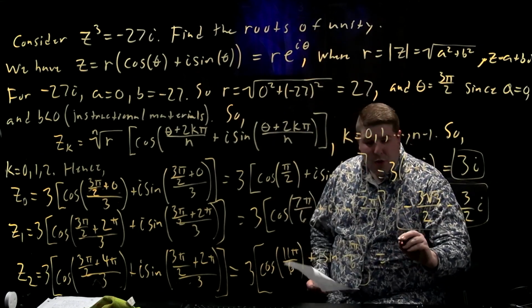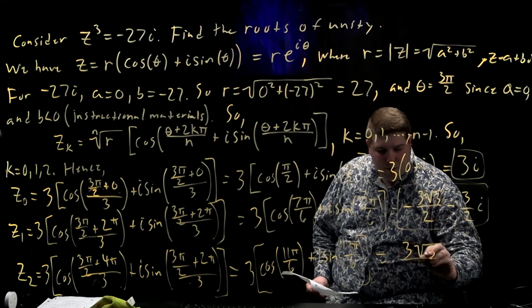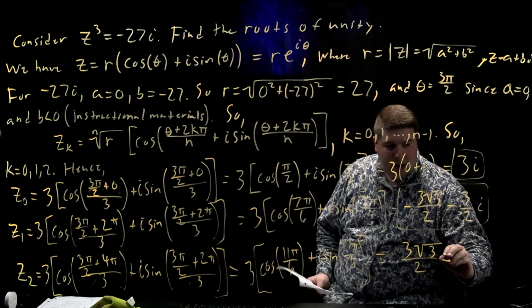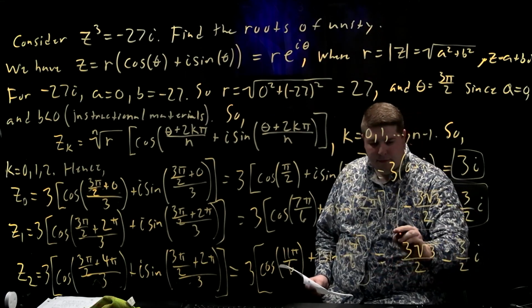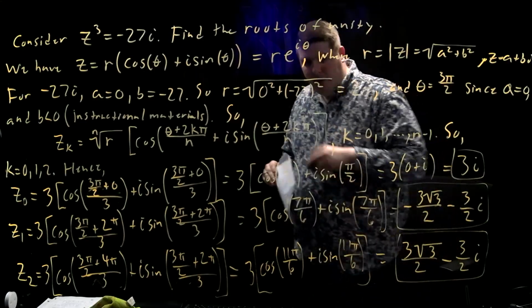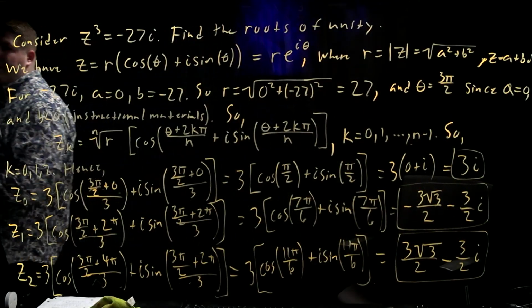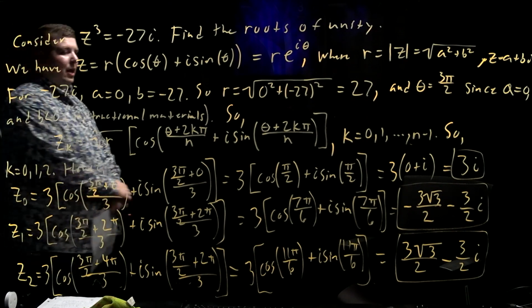Which is equal to the positive 3 square root of 3 over 2 minus 3 over 2 i. And there you go. Those are the roots of unity. So those are all the solutions that work here.